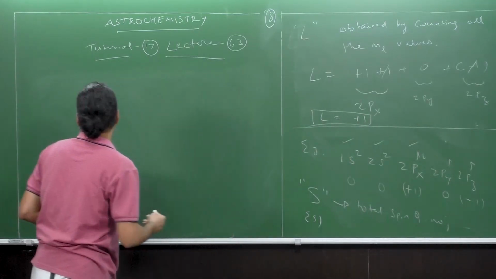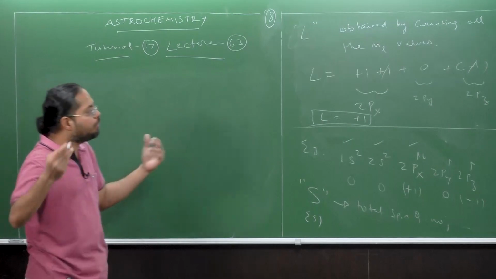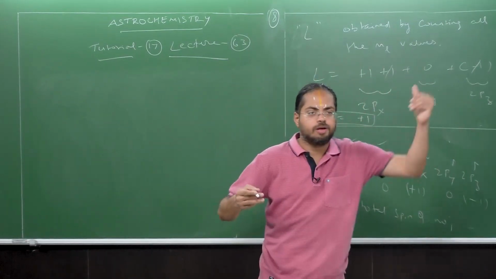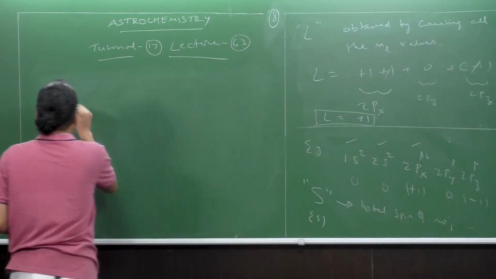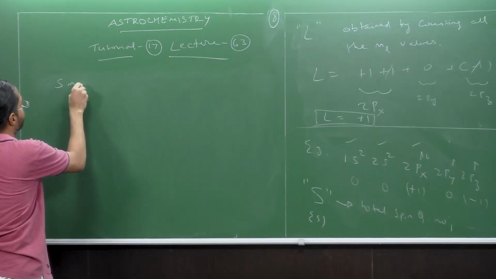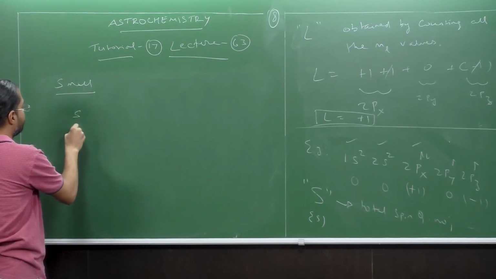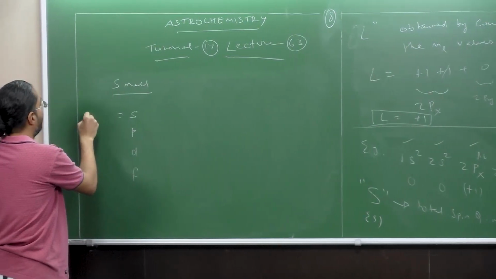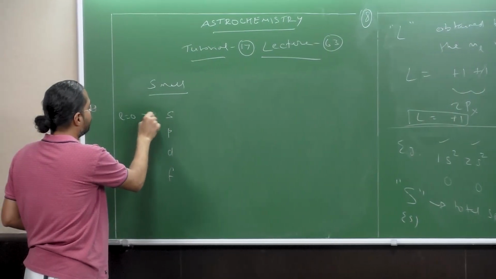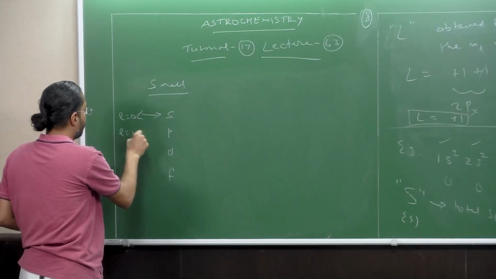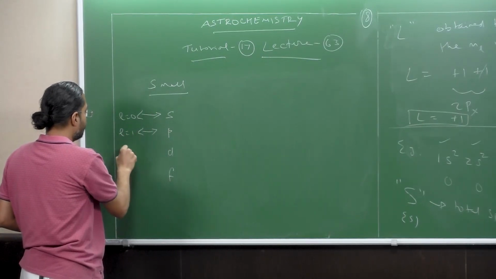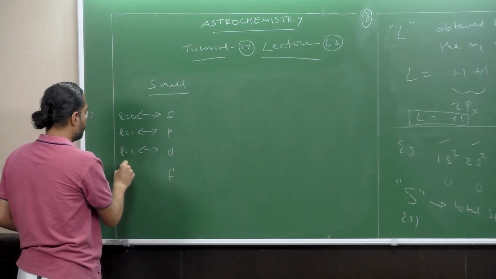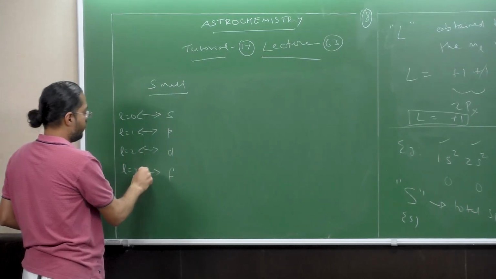Now, how do we assign the SPDF orbitals? We assign the small letters for orbitals SPDF. They correspond to L equal to 0, L equal to 1, L equal to 2, and L equal to 3.